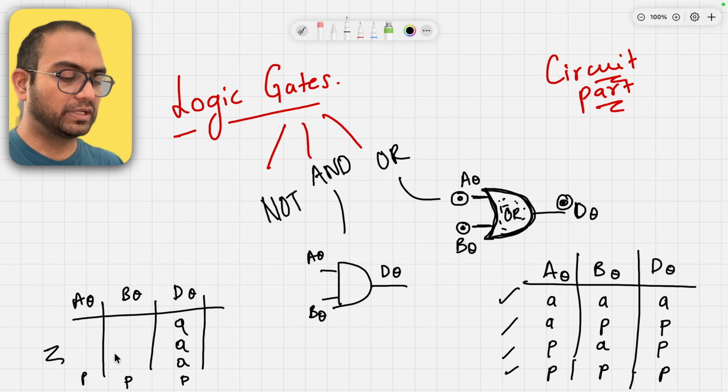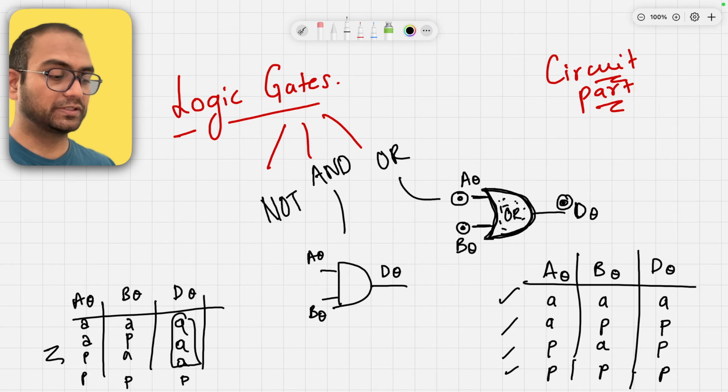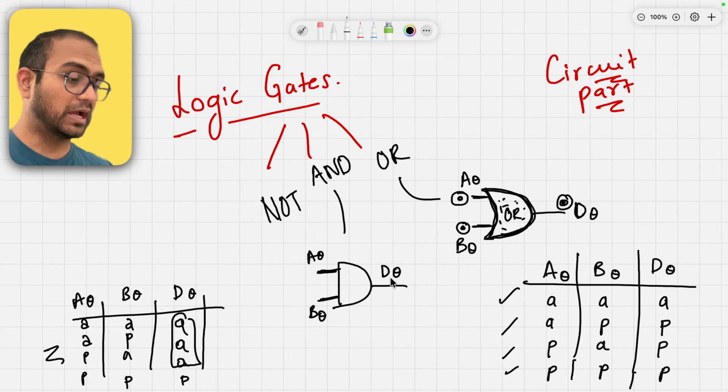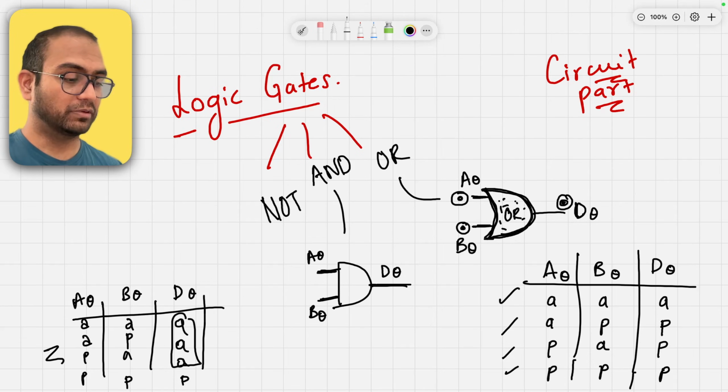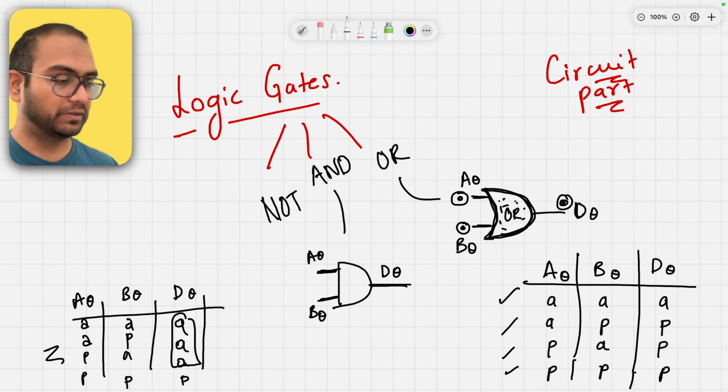In all other cases, whether this is present and this is absent, or this is absent and this is present, or both of them are absent, the output is absent. This will be active and available only when both the inputs are available.